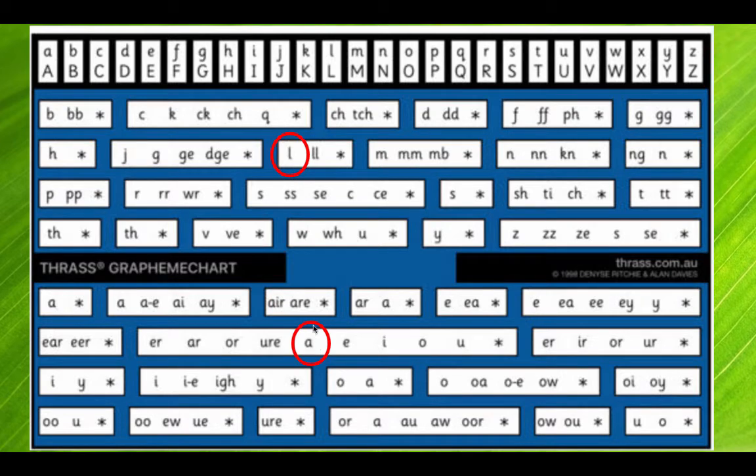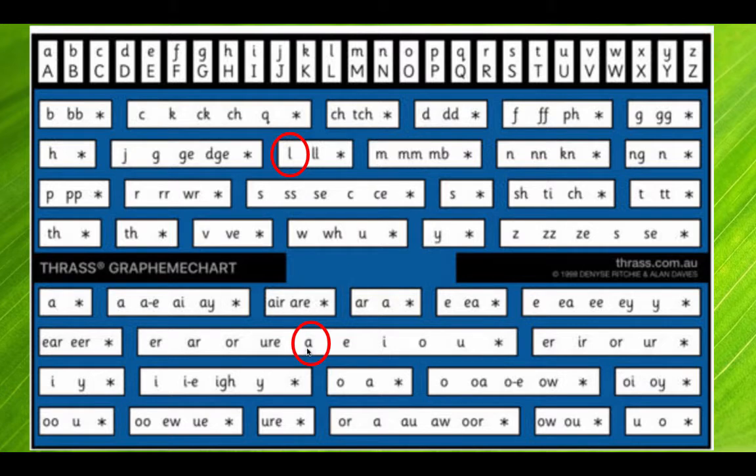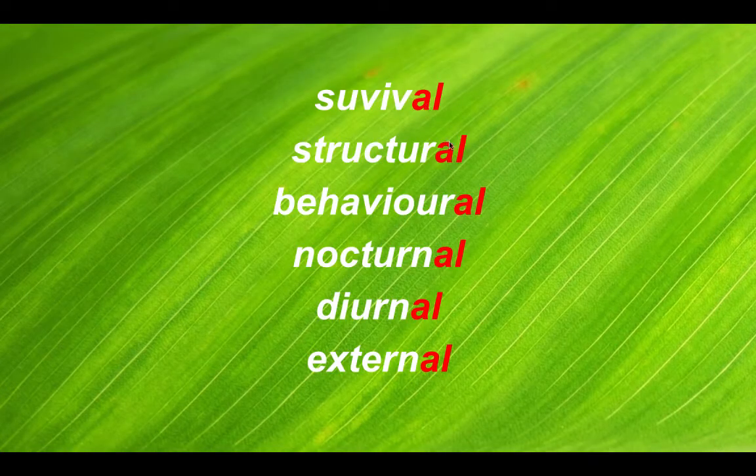So we've got the schwa and the ul, making ul all together. As you can see, these grapheme choices actually all come right at the end of all of these words.